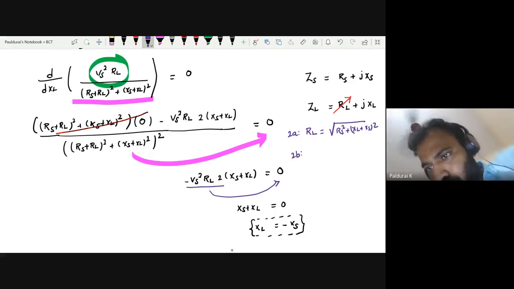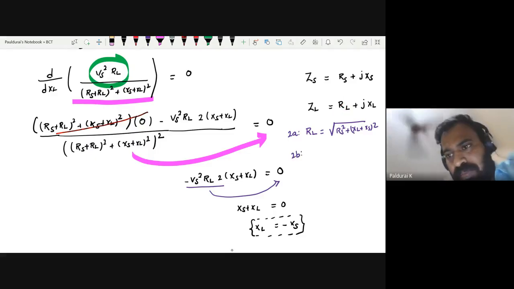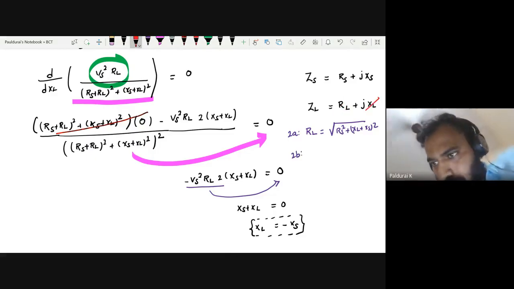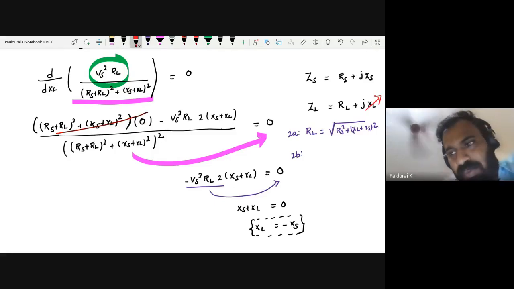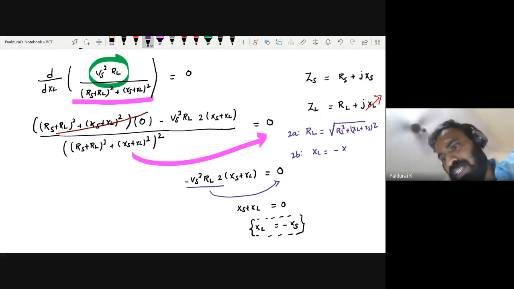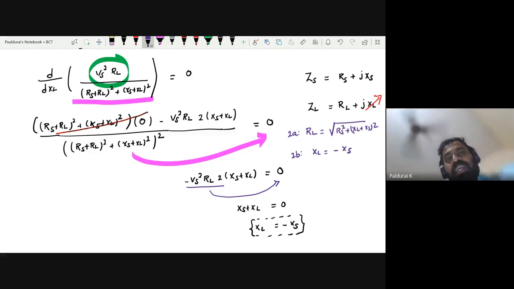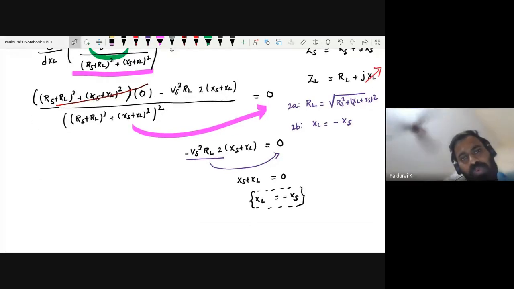Coming to case 2b, if XL alone is variable, XL is given by XL equal to minus XS. What do you mean by minus? Here inductor means capacitor, that's the meaning of minus. So this is the conclusion of case 2b.